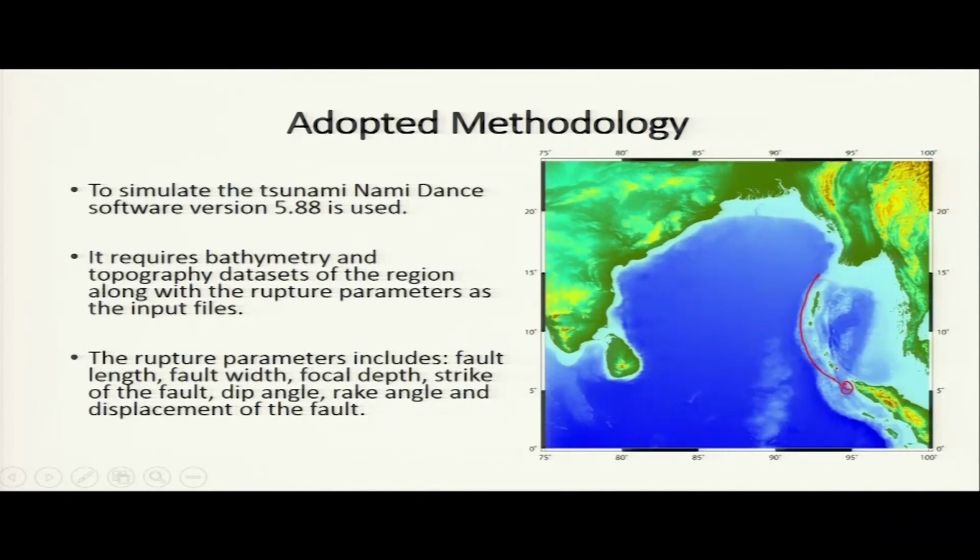So, we gave those parameters and generated the tsunami in this whole area, and we see how much time it has taken to reach this part, the east coastal part of India.